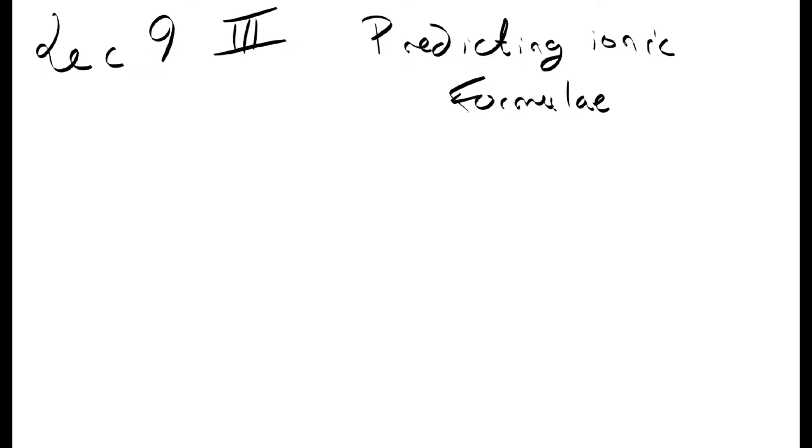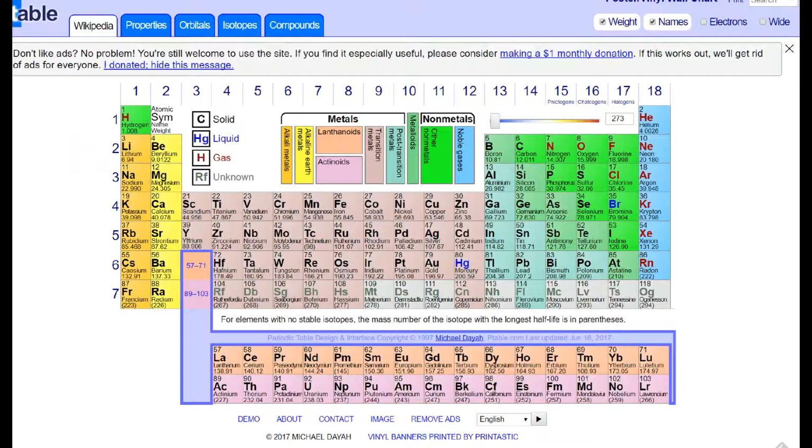So, for example, what are you going to get when you mix potassium and chlorine? Well, we come to our periodic table, and we find potassium is over here in the first column, so it's going to take a 1 plus charge. Chlorine is over here. It's a halogen.